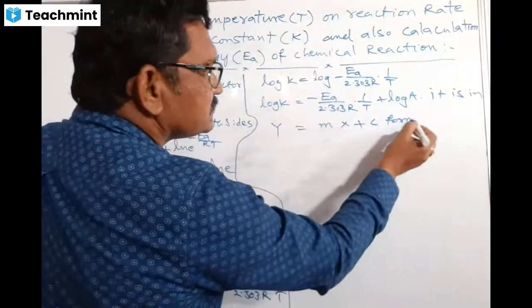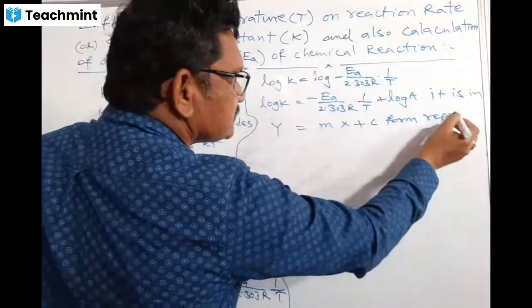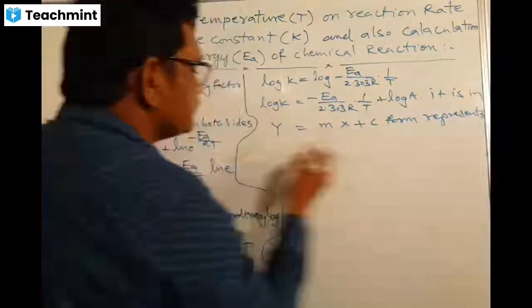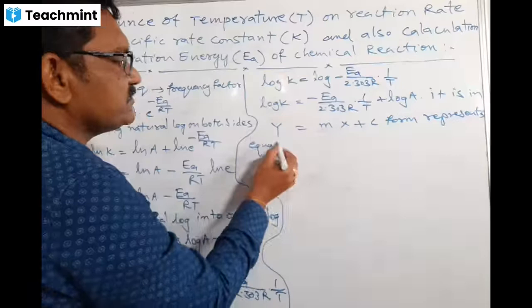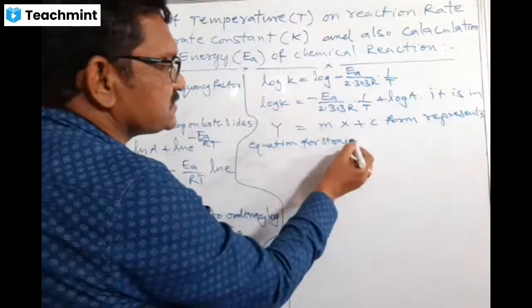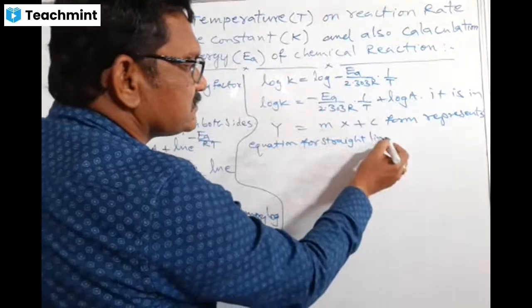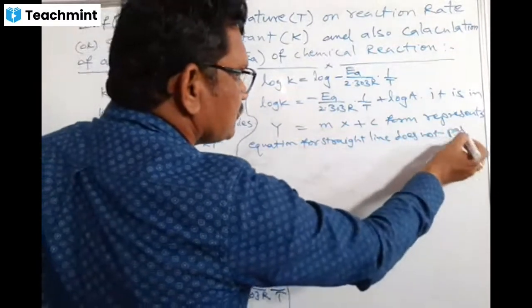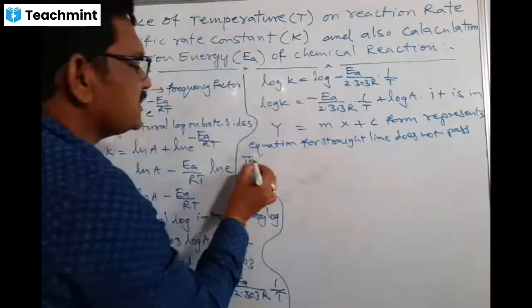It represents the equation for a straight line that does not pass through the origin.